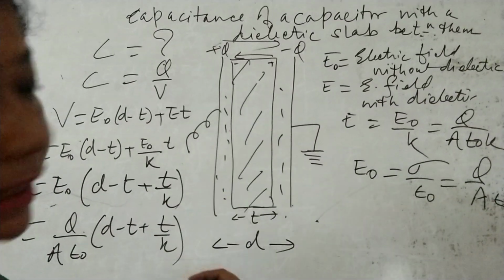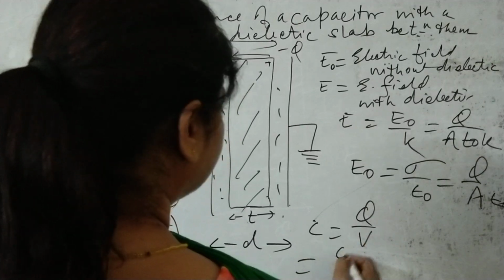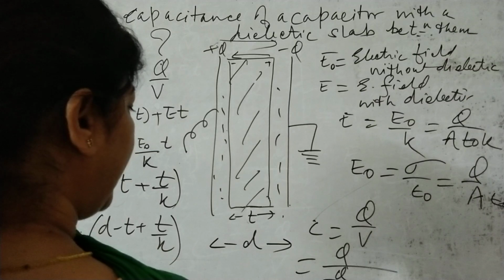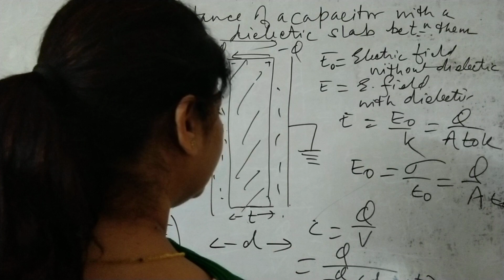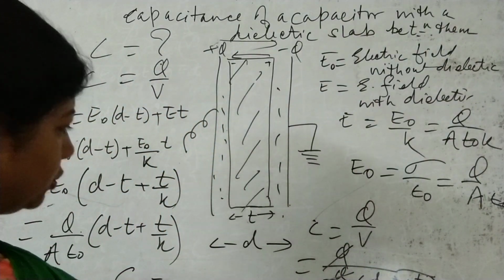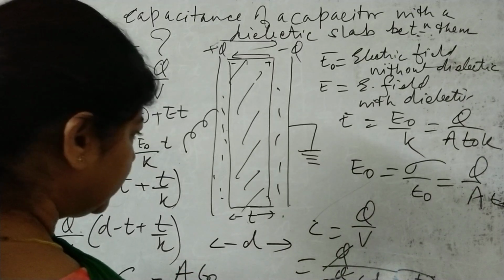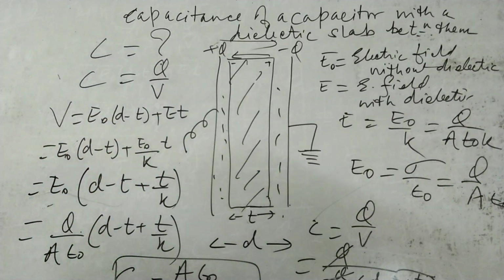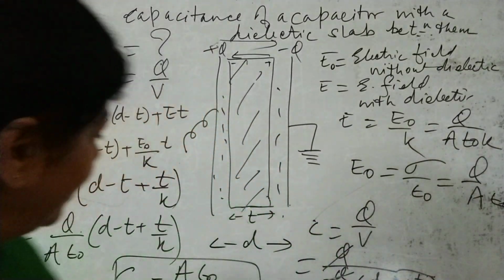So let us find the capacitance. C is equal to Q divided by V, where V is Q by A epsilon naught times D minus T plus T by K. Q cancels out and we are left with C equal to A epsilon naught divided by D minus T plus T by K. This is the capacitance we get when we have the dielectric slab between the plates.